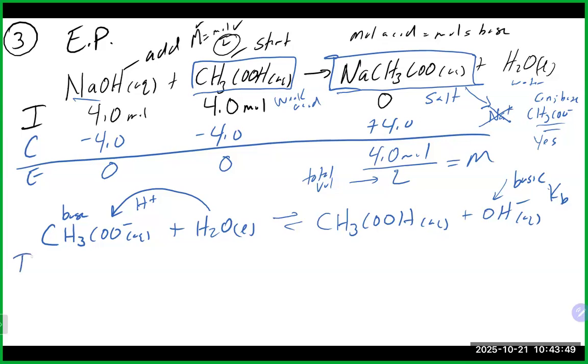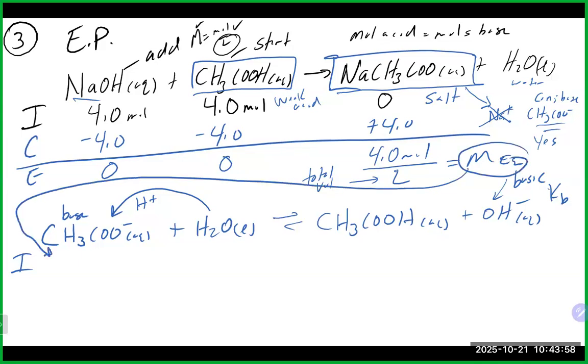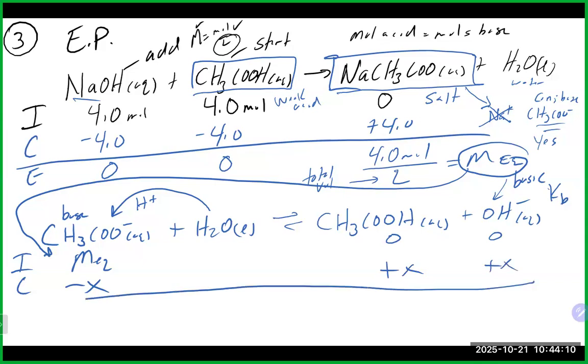So our initial here is going to be our equilibrium concentration from above. So that guy is going to come right on down over. And now this table is going to be just a regular table with some zeros and X's. This will go into, as we just talked about, our Kb expression. You can make an assumption, whatever you'd like to do on that.